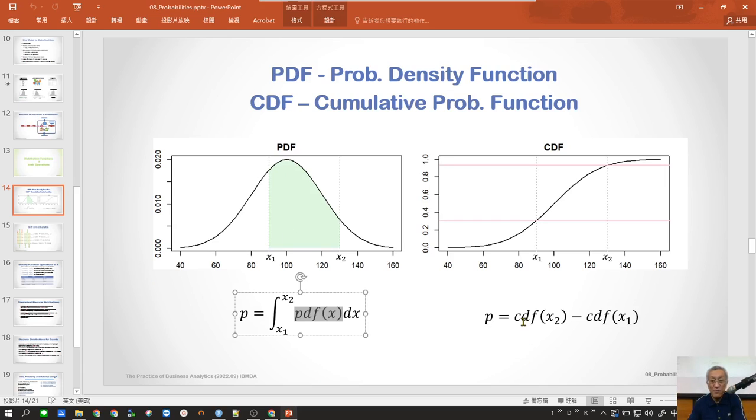But if you give the X1 to the CDF, it will return the probability from negative infinity, from the left tail up to X. So density of X by itself does not have too much usage, but the CDF represents the probability from the left tail up to X.